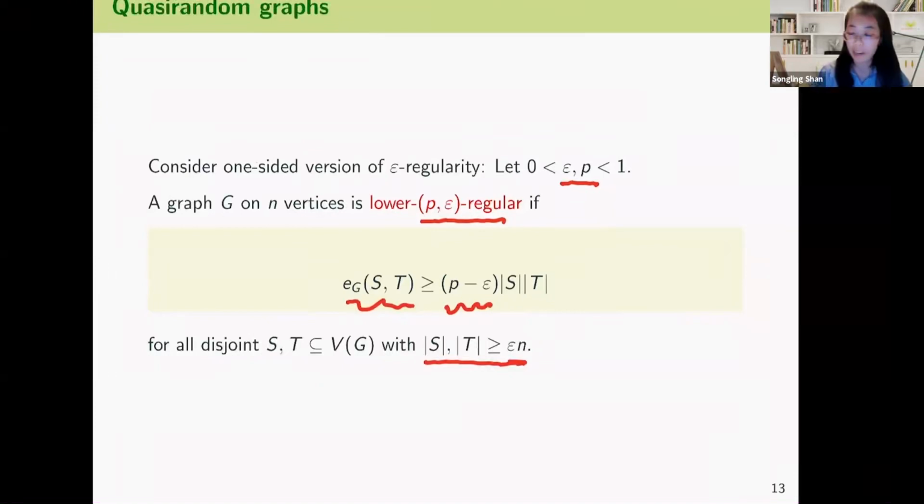So you can compare this with the number of edges in, like, G(n, p), where it's p times the size of S times T. Here, instead, we have p minus epsilon.